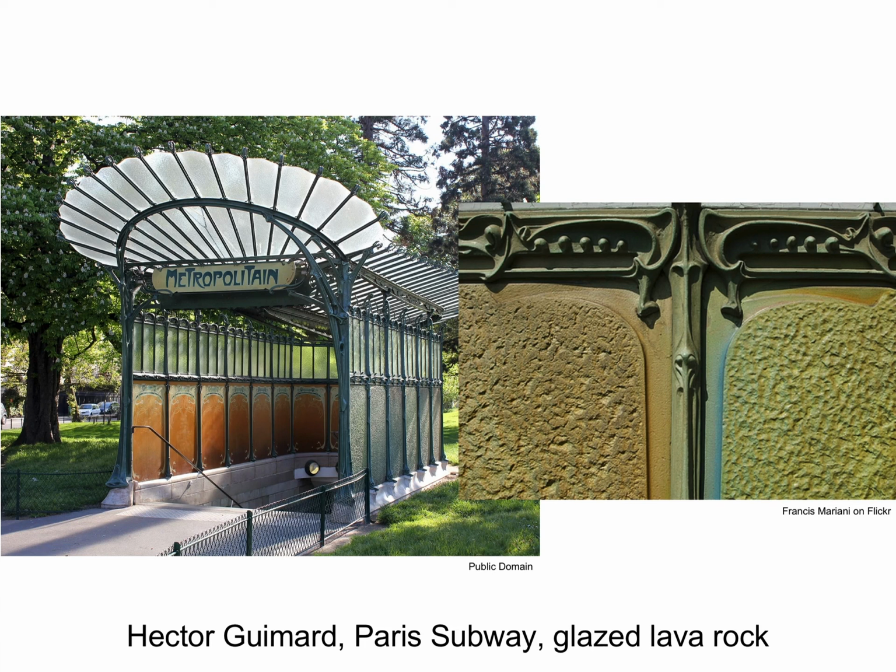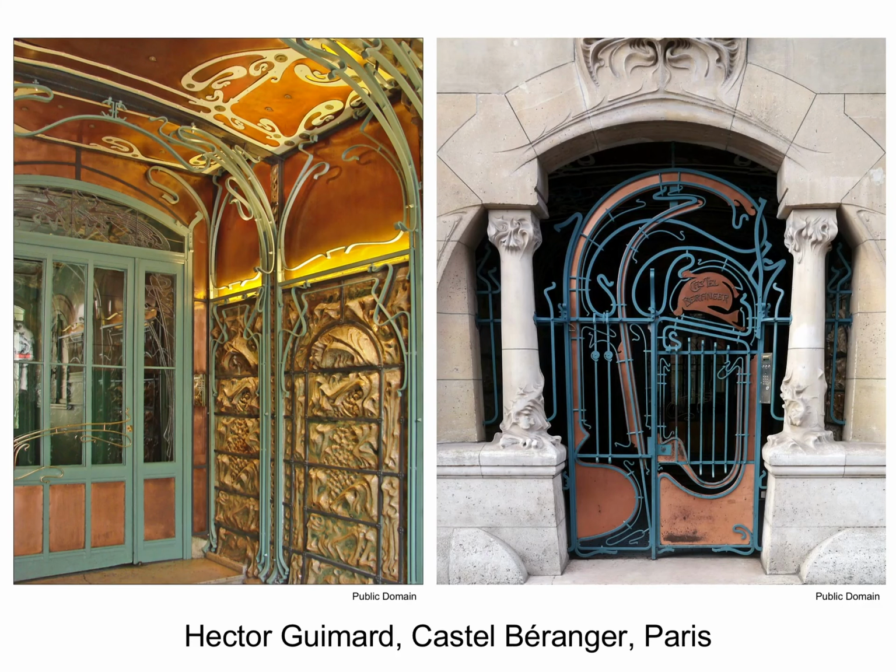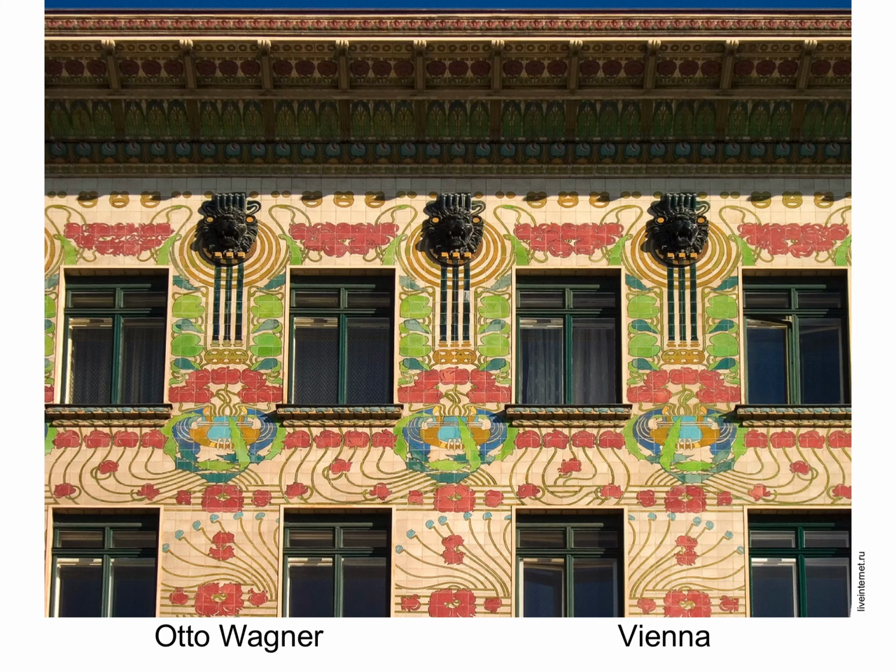And he was using lava rock, which is a type of volcanic rock that can be glazed and refired in a kiln to fuse the glaze to the surface and create wonderful decoration, of which this is an example. Castel Béranger in Paris is a building by Guimard incorporating a lot of ceramics, including lava rock glazed tiles.